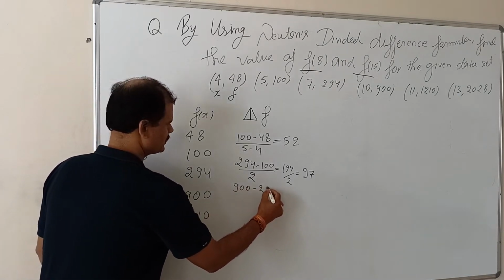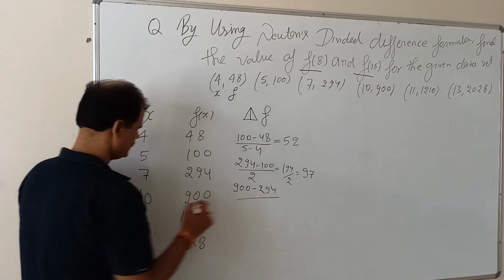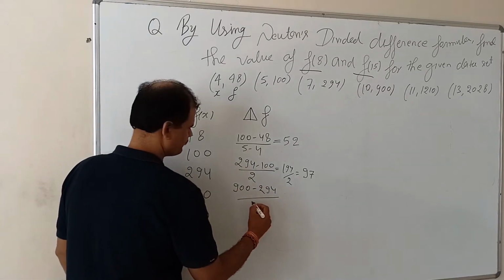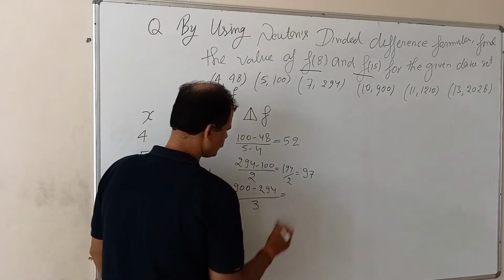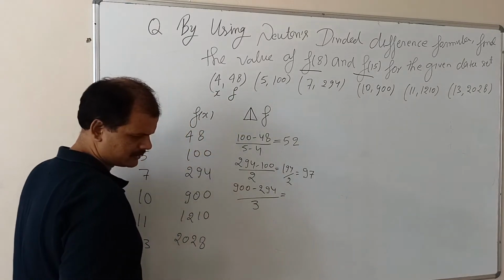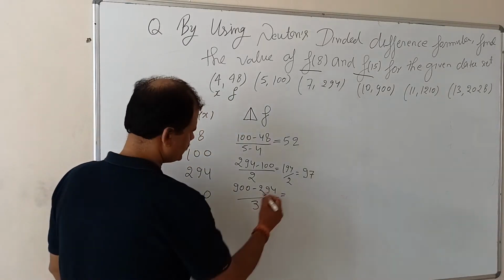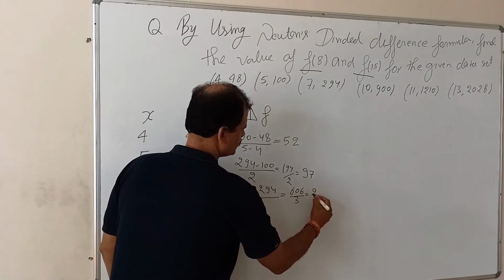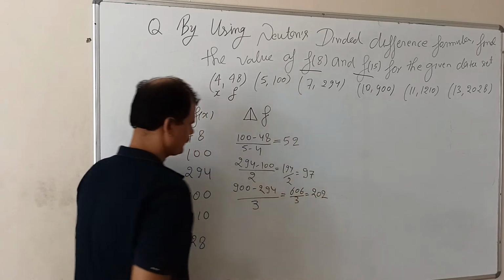Next we have 900 minus 294 divided by 10 minus 7, 3. 900 minus 294 is 606, by 3 means 202.